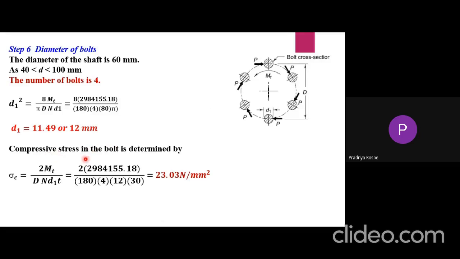We have to check compressive stress in the bolt. That is sigma c is equal to 2mt divided by area of the bolt. Correct. So what will be area?